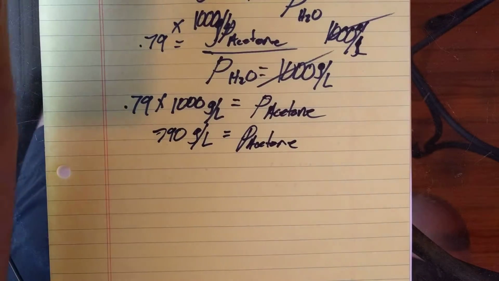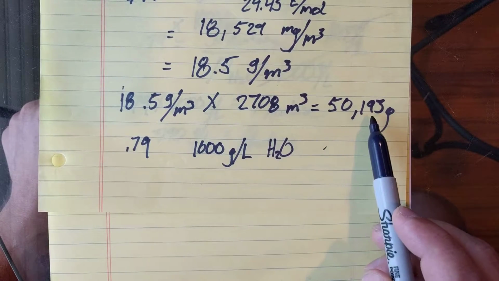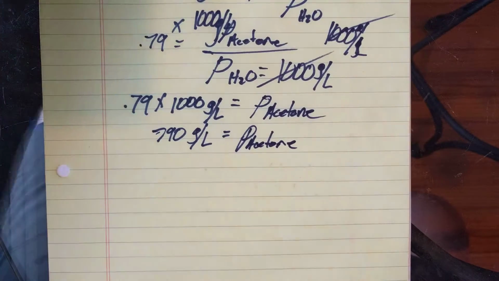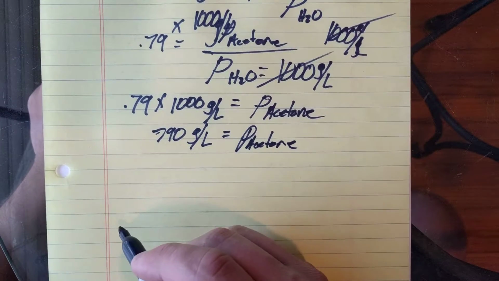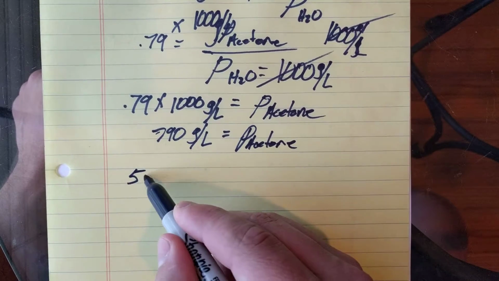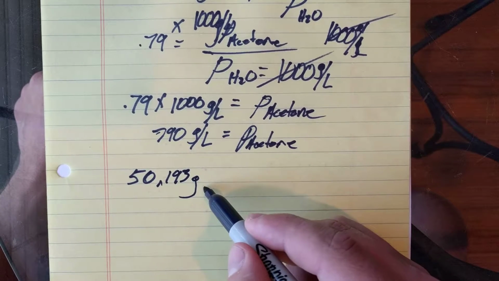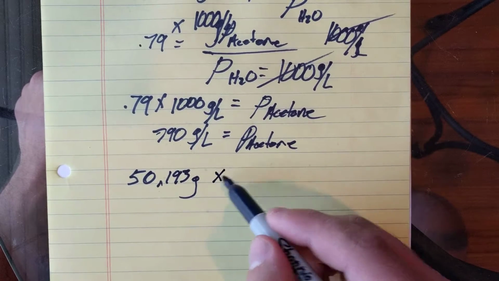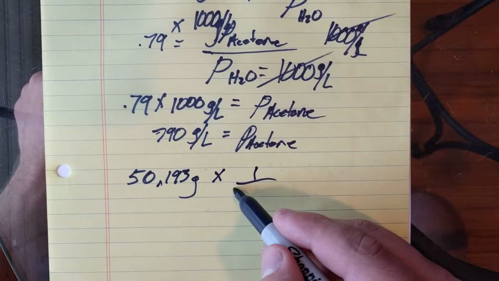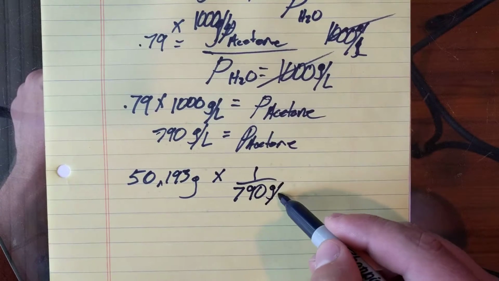So now I go back here where I said I have 50,193 grams of acetone, and we're going to end up dividing. So if I start with 50,193 grams of acetone, I'm going to multiply by 1 over the density of acetone, grams per liter.